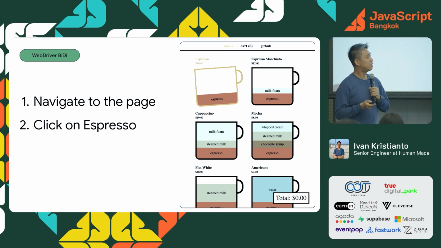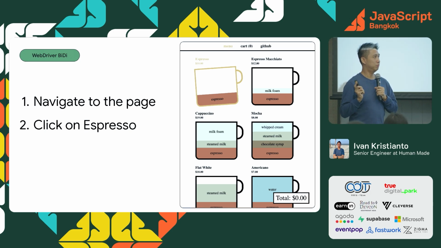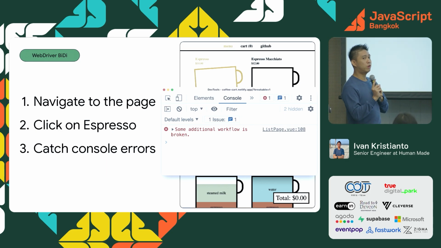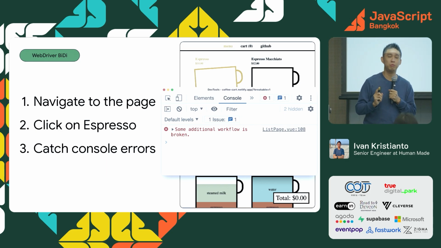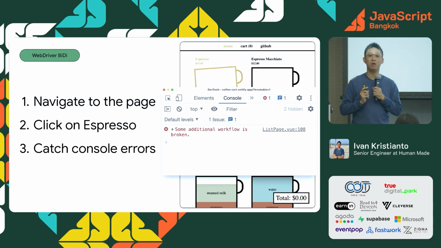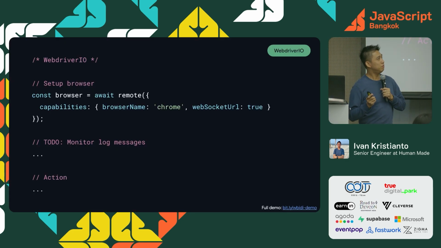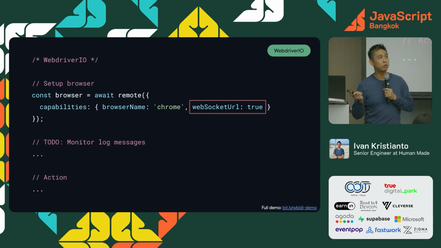Okay, now let's take an example of this page. And now we add one more thing, which was not possible for the classic WebDriver protocol before, which is catching console error logs. Same as WebDriverIO, all you need is just add the WebSocket URL.